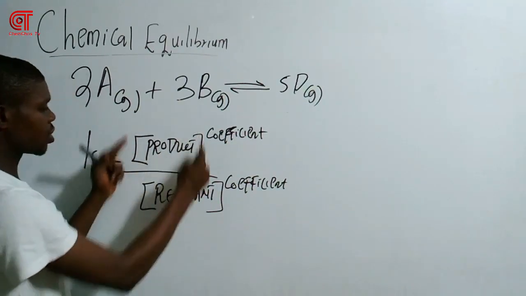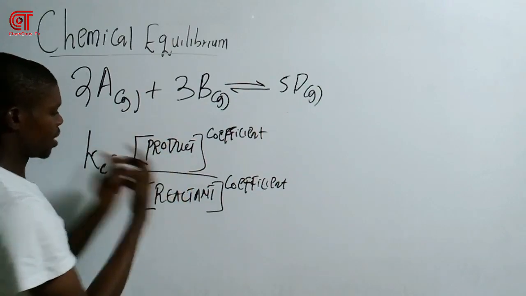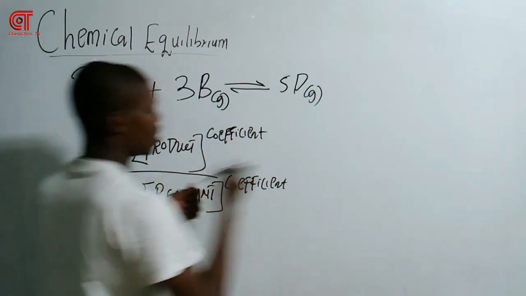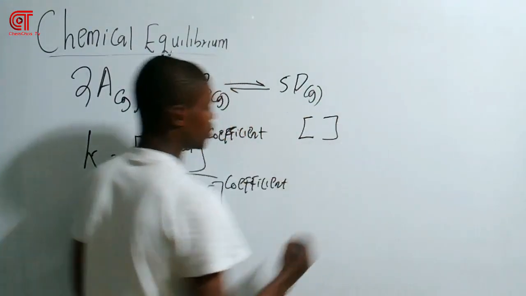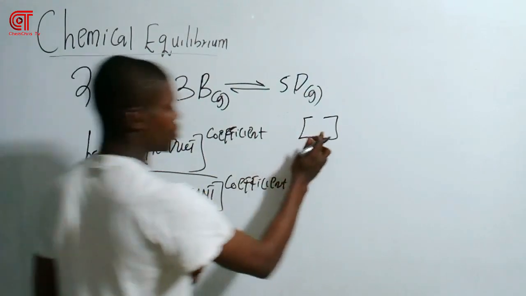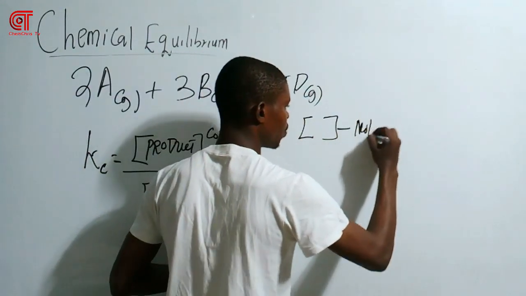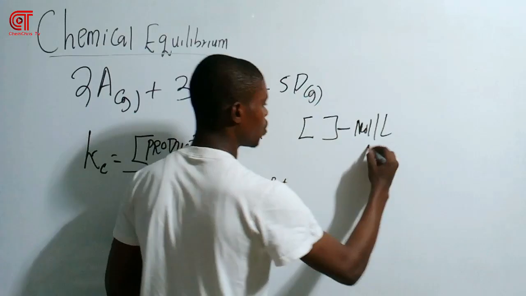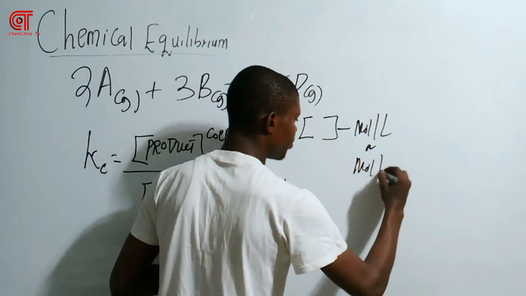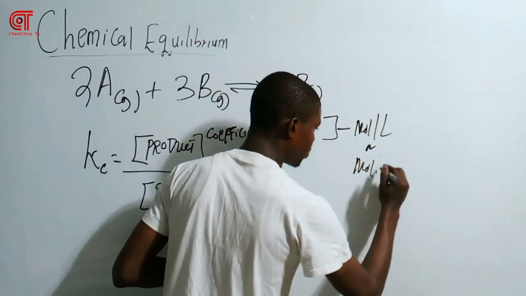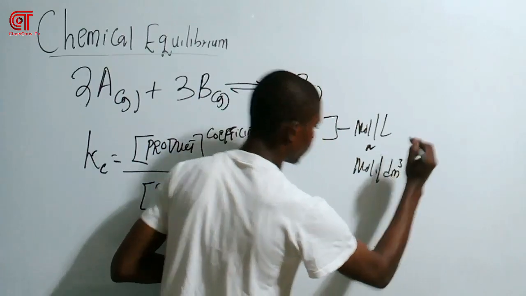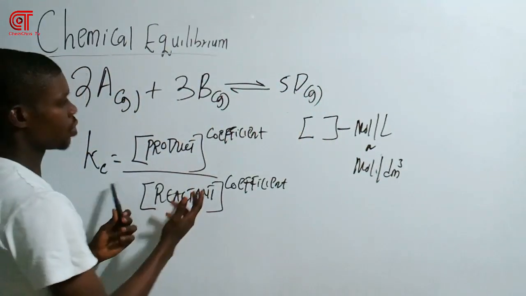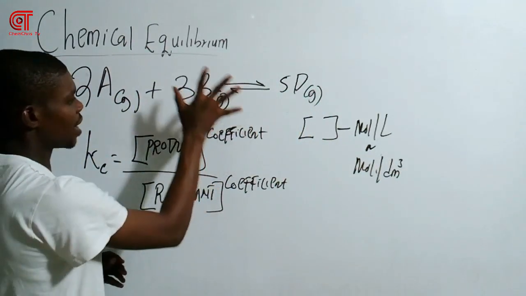Whenever I write a square bracket, it means concentration. In chemistry we use square brackets to represent concentration, and concentration is mole per liter, or mole per dm cubed. You get? So that is what you want to do here. Now let's write for this one.